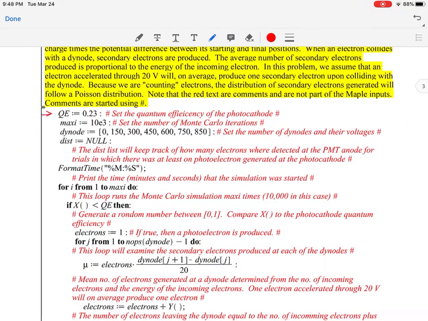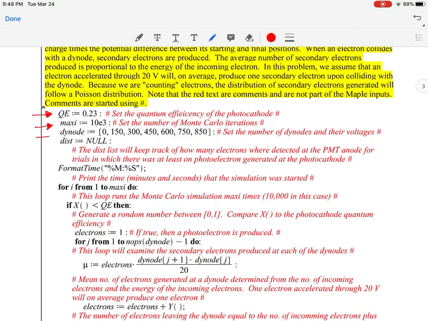And so the first step is to set the quantum efficiency, and we set it to be 0.23. This max I is the number of times we're going to run the simulation. So we're going to send in a single photon 10,000 times, and we're just going to plot a distribution of the final number of electrons collected at the anode.